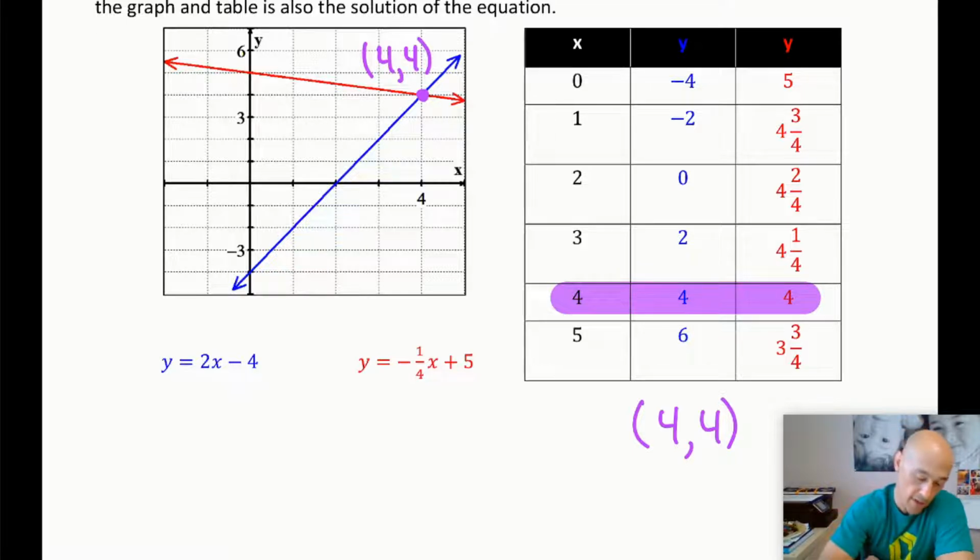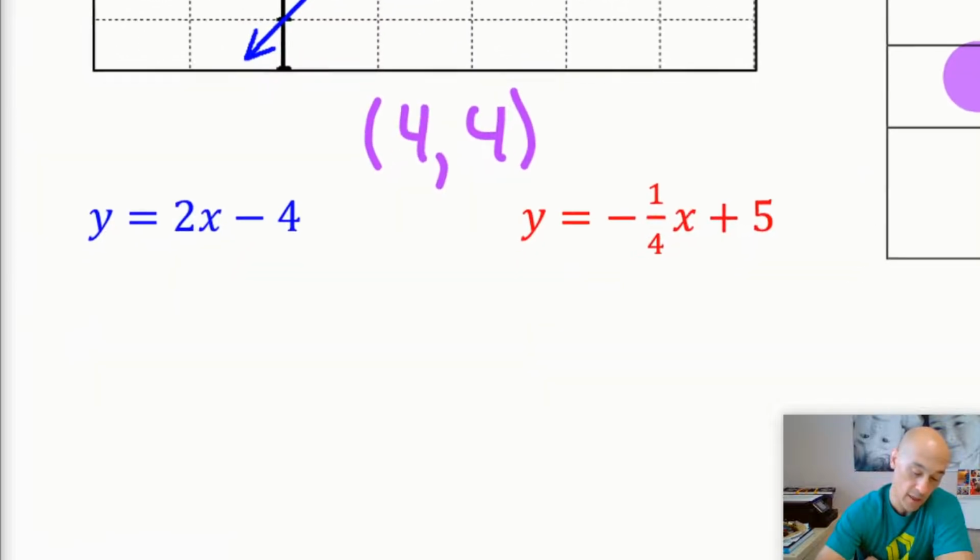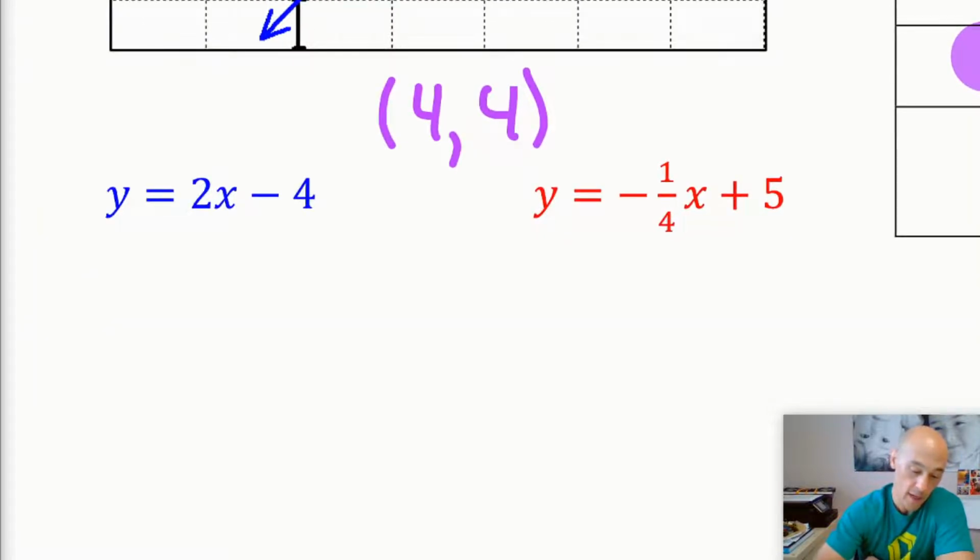Lastly, we're going to verify that (4, 4) is actually a solution to our system of equations algebraically. We take our x value and plug it in for x, and take our y value and plug it in for y.